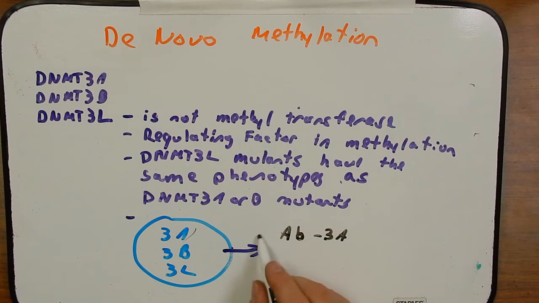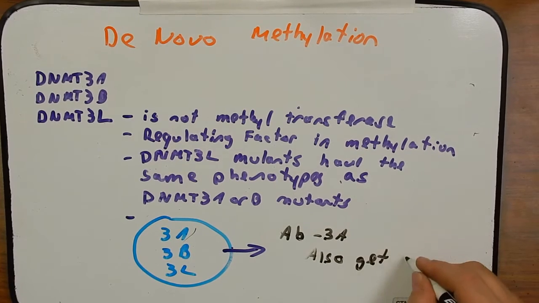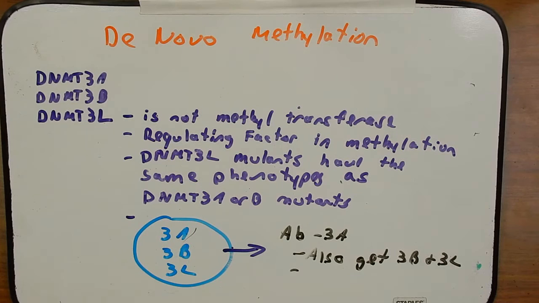And so whenever we pull 3A out of this cell, we also get 3B and 3L. The more technical way of saying this is that 3A and B co-IP, for co-immunoprecipitate, with 3L. They're together. You get one, you get them all.